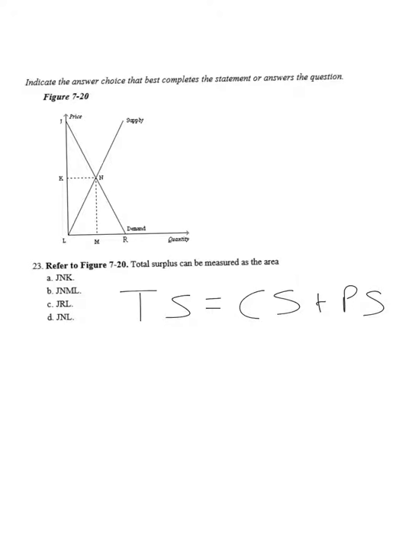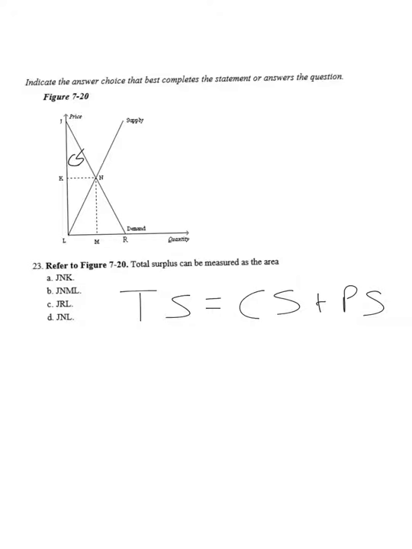So in this illustration, the consumer surplus is going to be this upper triangle, J, K, and N. The producer surplus is the difference between the price that a firm can charge in the market and their costs of production. The cost of production is described by the supply curve.